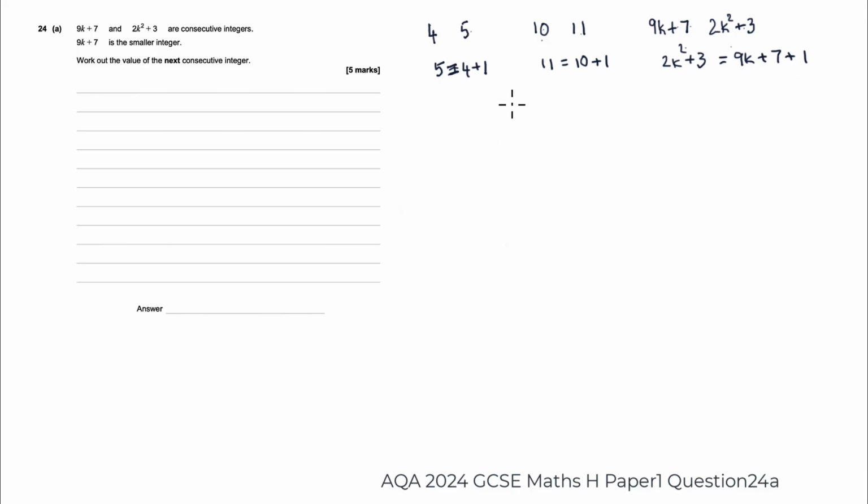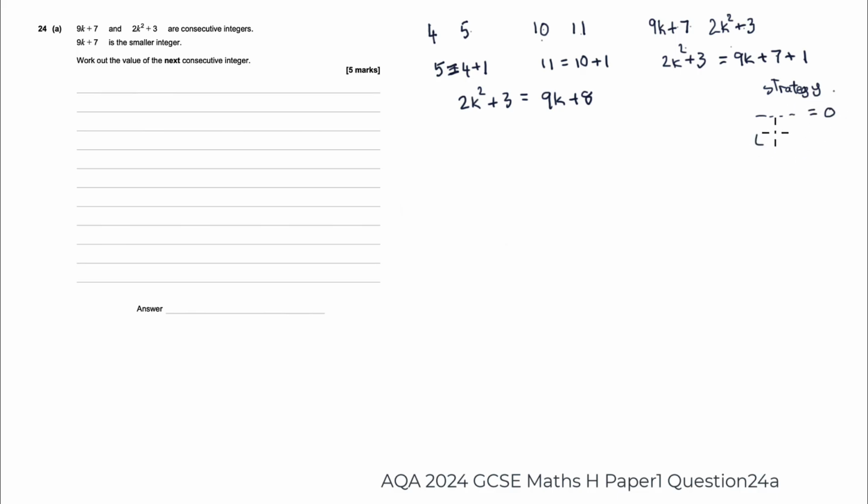Now, it looks very much like we've got a quadratic equation here. 2k squared plus 3 is equal to 9k plus 8. 7 plus 1 is 8. And we know in quadratic equations we try and get everything onto the left-hand side equals 0. Remember, the strategy is to get everything on the left equals 0.